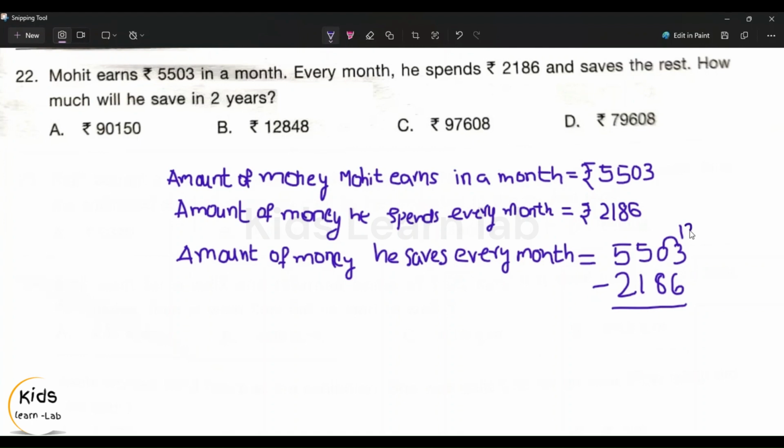So it becomes 13. 13 minus 6 is 7. 1 went borrow, becomes 9. 1 went borrow, it becomes 4. 9 minus 8 is 1. 4 minus 1 is 3. 5 minus 2 is 3. So amount of money he saves every month is equal to rupees 3,317. How much will he save in 2 years?